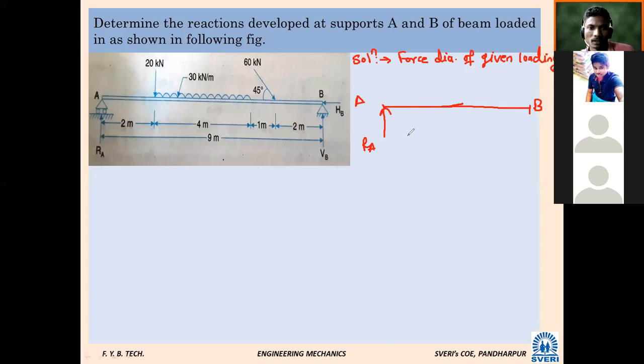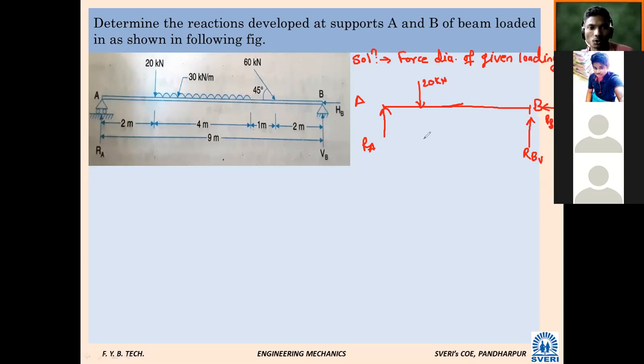Then at B, let us consider one reaction, I will say RB. It has two components, one vertical and one horizontal, RBH and RBV. Then regarding loading, 20 kilonewton load at 2 meter, there is no issue in that. So 20 kilonewton at the distance of 2 meter.